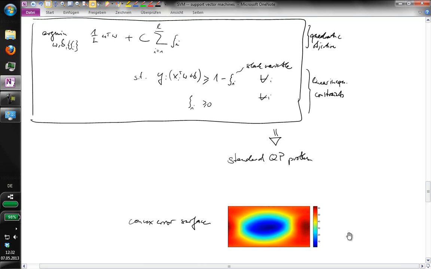So what I've not talked about is this dual representation. This can be achieved rather mechanically. So you can use Lagrange multipliers to represent these constraints and add them to the objective in order to obtain a Lagrangian.